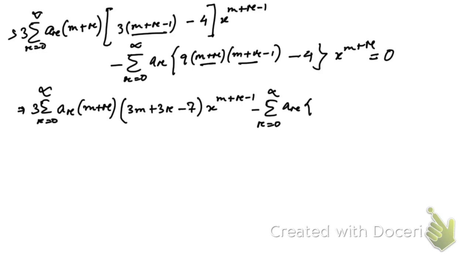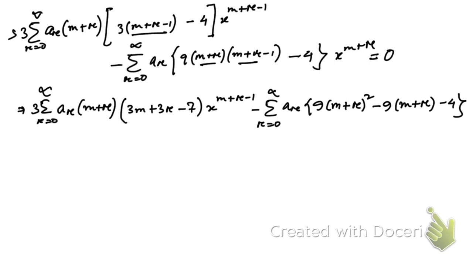If you multiply 9 into this 2, then you're going to have 9(m + r) whole squared, then minus 9m. Here you see, if you multiply this one with minus 1, then you're going to have minus 9(m + r), then minus 4 here, right? Minus 4, that's it.